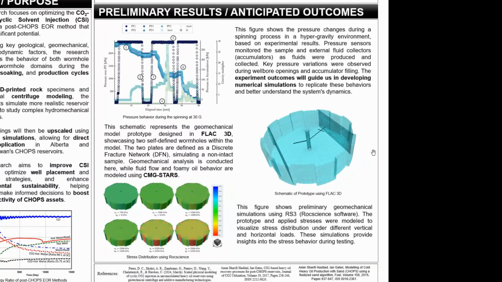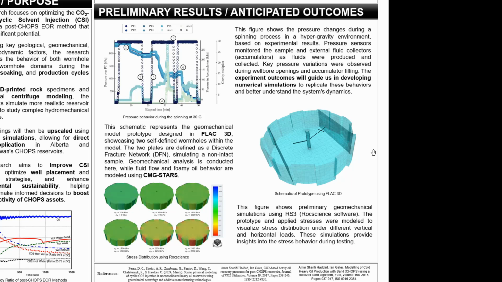A key aspect of this research is the coupled simulation using FLAC3D and CMG STARS. This coupling allows us to accurately simulate both the geomechanical behavior and fluid flow dynamics of the reservoir. FLAC3D handles the geomechanical aspects, such as the stress distribution and deformation, while CMG STARS models the complex fluid flow, including the behavior of foamy oil during the CO2-based CSI process.